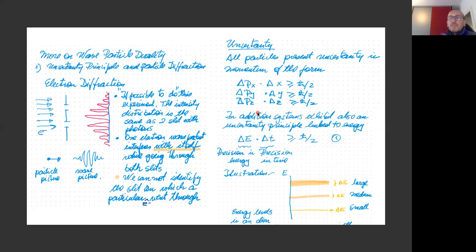Uncertainty principle. We discussed this before. All particles present an uncertainty in momentum of the form Δpx times Δx, Δpy times Δy, and Δpz times Δz is greater than or equal to ħ/2. This is somehow linked to the fact that particles can be represented as waves.